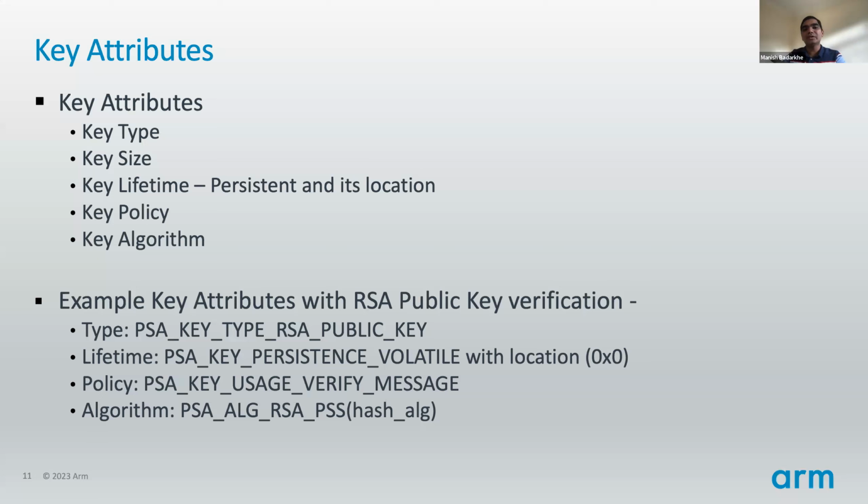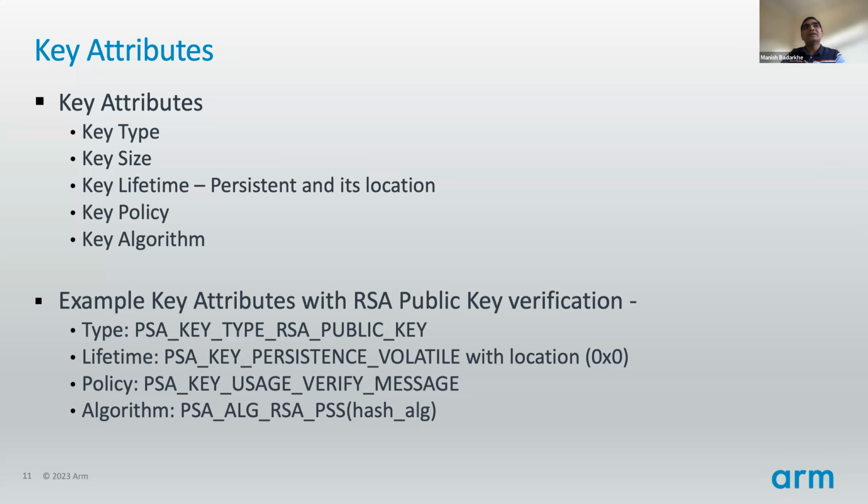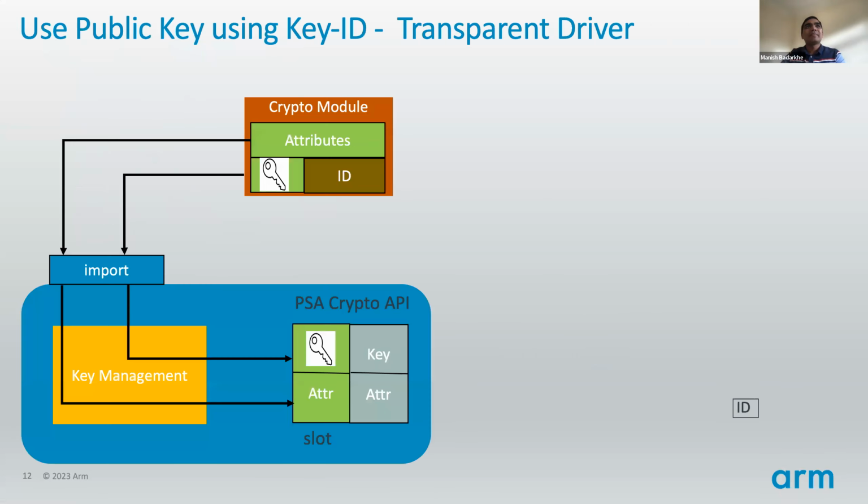The key gets stored somewhere locally, and this PSA import key function gives back the key ID, and then only that key ID gets used inside our code to refer to the actual key. So the raw data of that key is not visible to the caller.